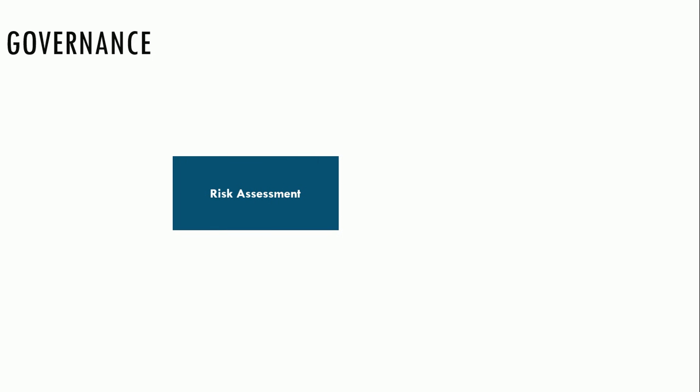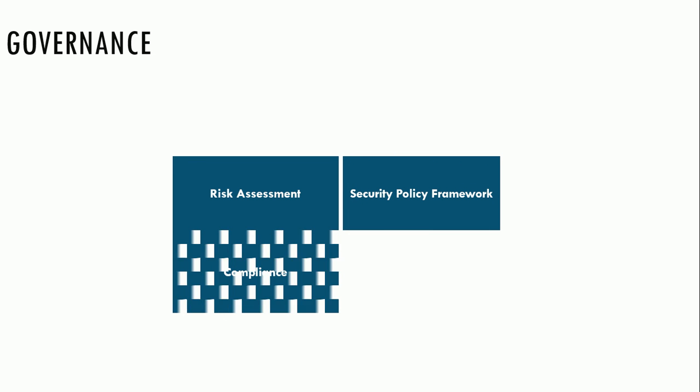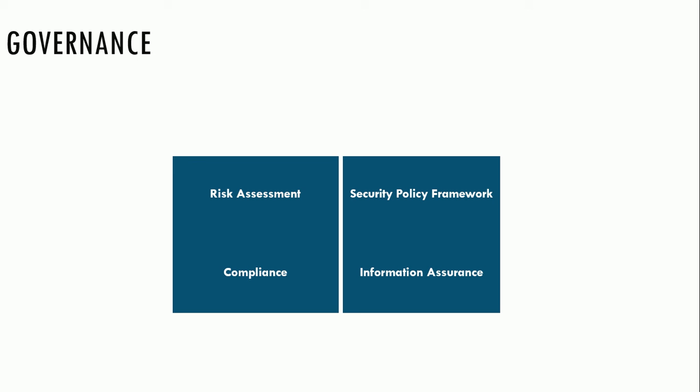It's saying this is what we want out of our IT security program, or this is what we need out of our IT security program. So, for example, risk management or risk assessment might be a part of that IT security program. A security policy framework, having compliance with regulations and so forth, which we'll talk about, and information assurance. All of those things would make up IS governance.